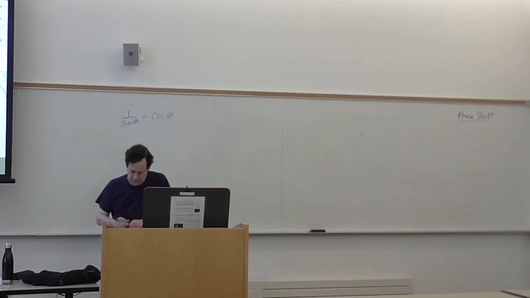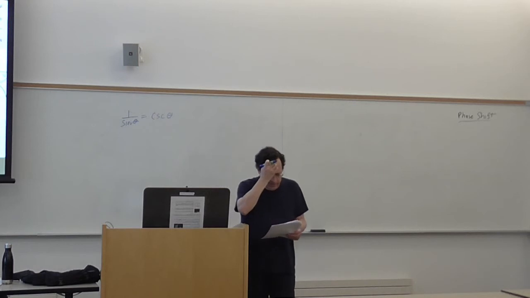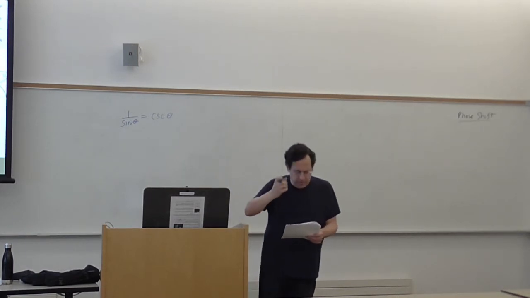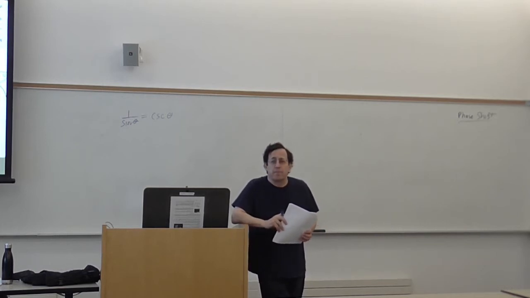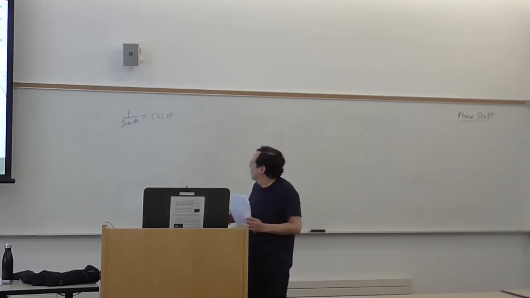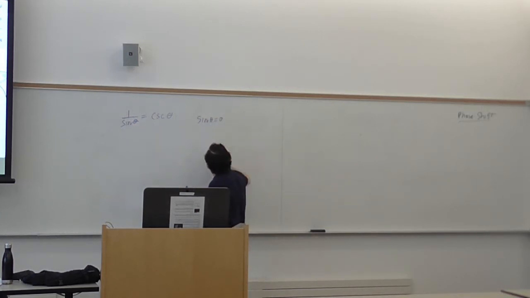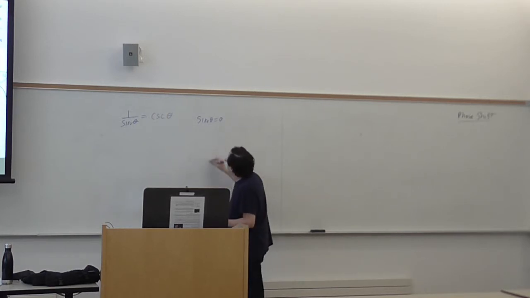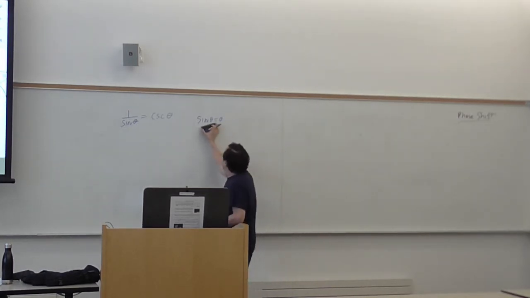Okay, let me just ask a few questions. Where is the cosecant not defined? It's not defined where sine of theta equals 0, right? So where is that? Here is the sine of 0.